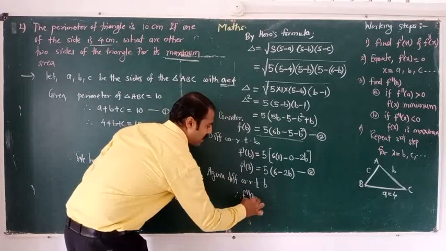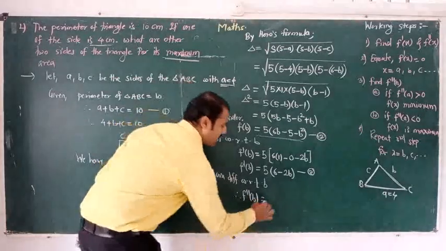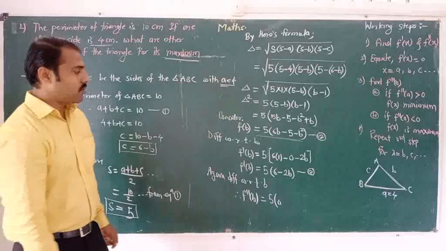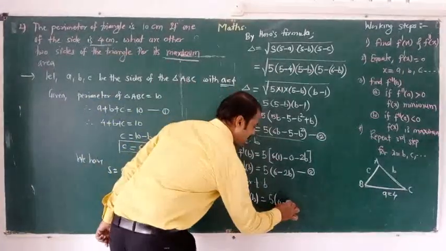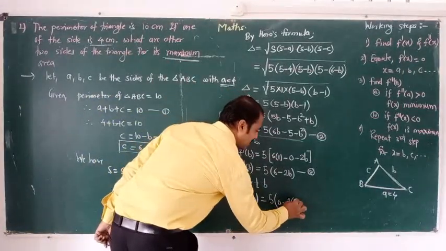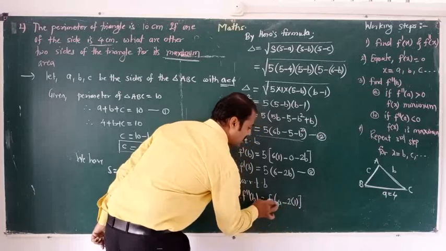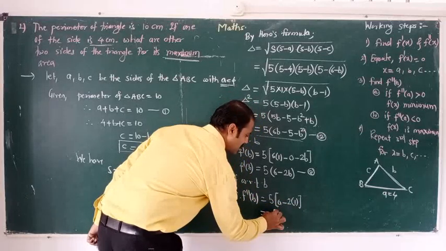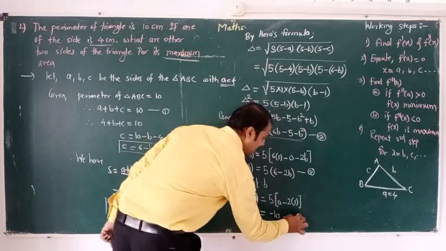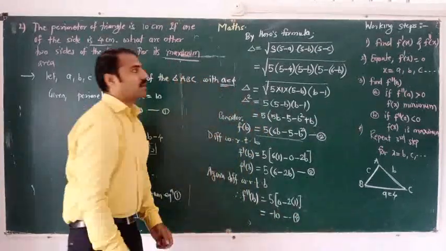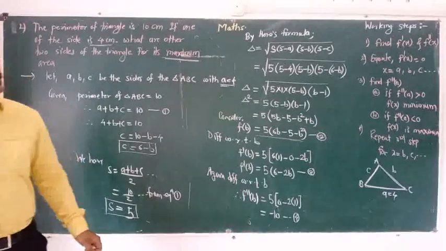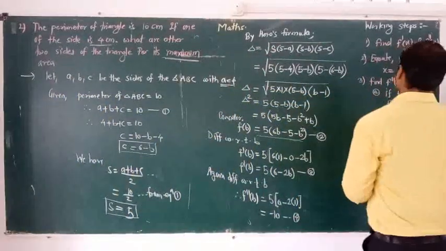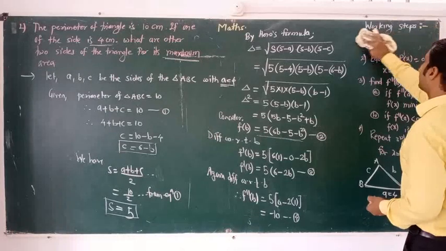Therefore f double dash of b is equal to 5 constant as it is, derivative of 6 is 0, minus 2 constant, derivative of b is 1, since it is differentiated with respect to b. 5 into minus 2 is minus 10. This is equation number 4. The first step is completed: find f dash of x and f double dash of x.